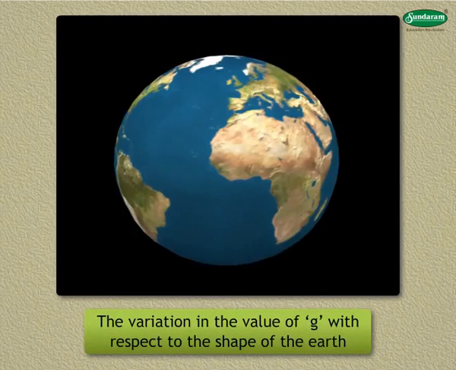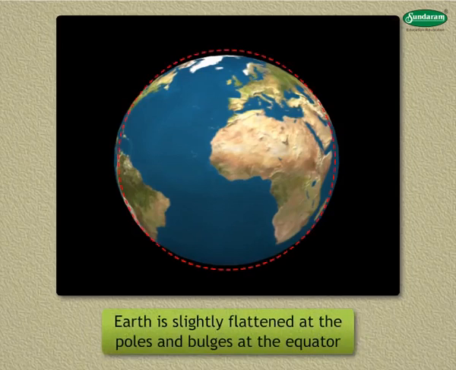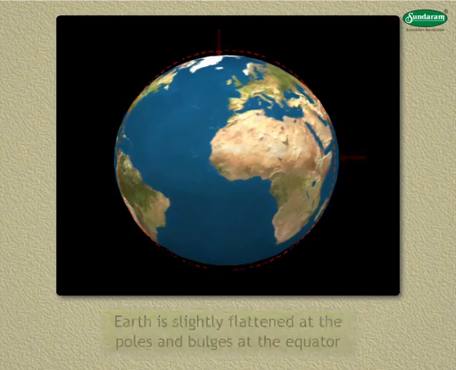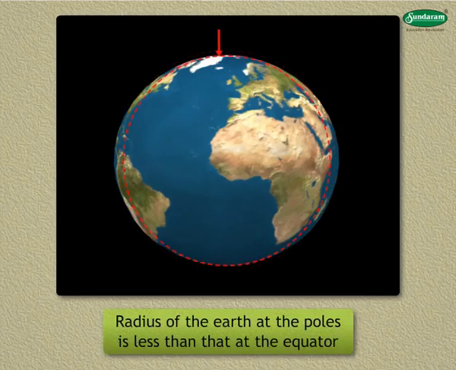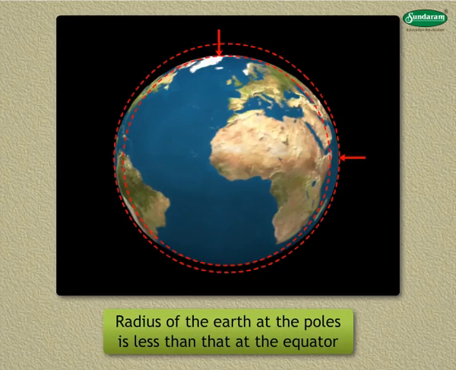Let us see the variation in the value of g with respect to the shape of the Earth. We know that Earth does not have a perfectly spherical shape. It is slightly flattened at the poles and bulges at the equator. Therefore, the radius of the Earth at the poles is less than that at the equator.